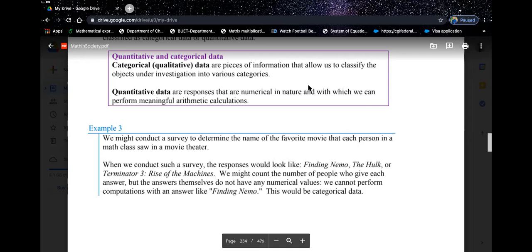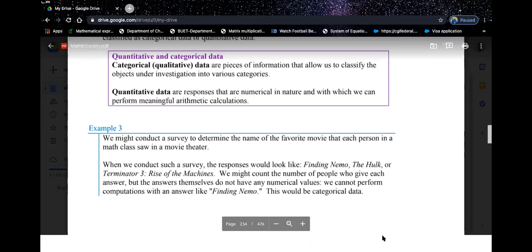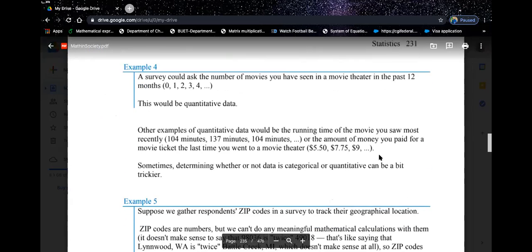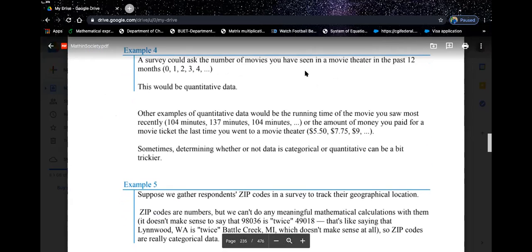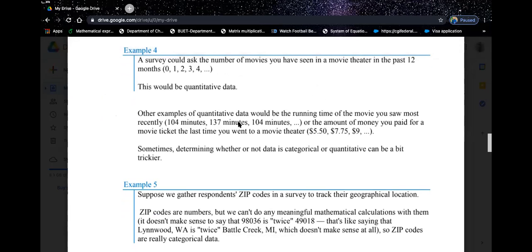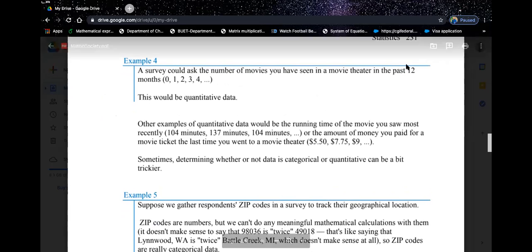Hopefully, we'll have more examples to encounter. Let's see one example where you can find quantitative data. Okay, yeah, we can do this as well. A survey could ask you the number of movies you have seen in a movie theater or even at your home in the past 12 months, or in the past week or so during this spring break.